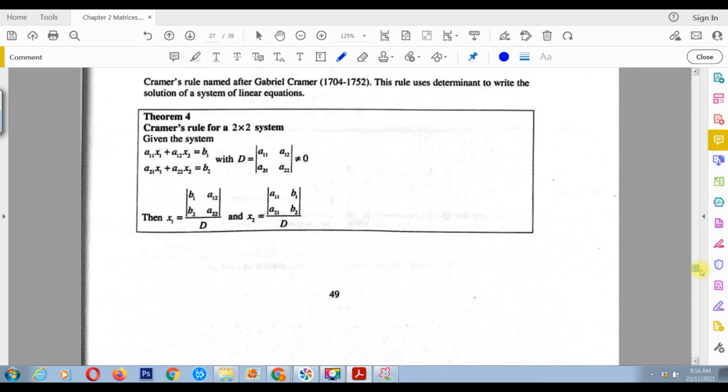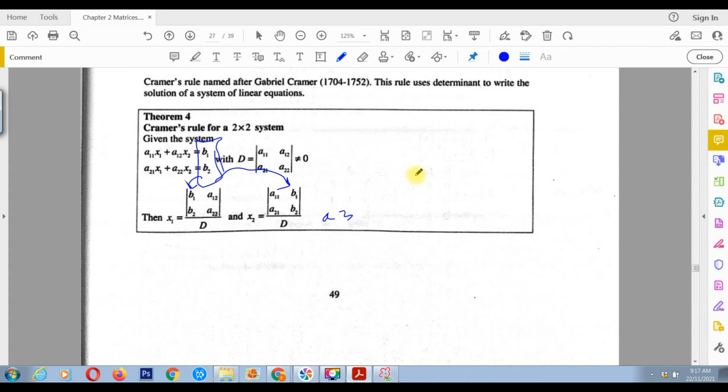And then for Cramer's rule, for 2 by 2 matrices, we put B. For x1, we put the answer in the first column. For x2, we put the answer in the second column.